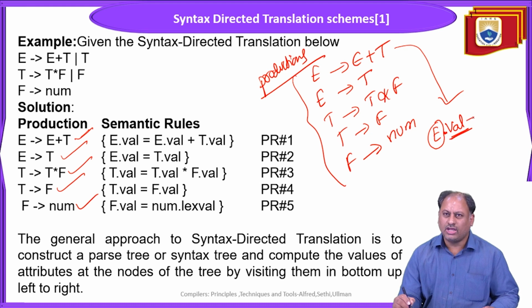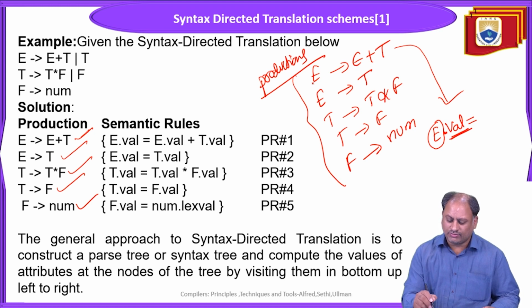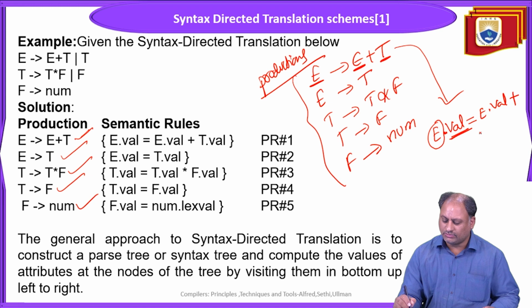We have to write this for each rule, and then we consider it as the semantic rule of that production. First we write E, and then E dot val plus the attribute association for the other symbol, which is represented by T dot val.